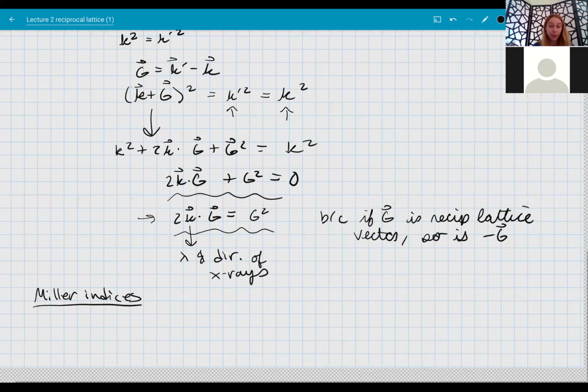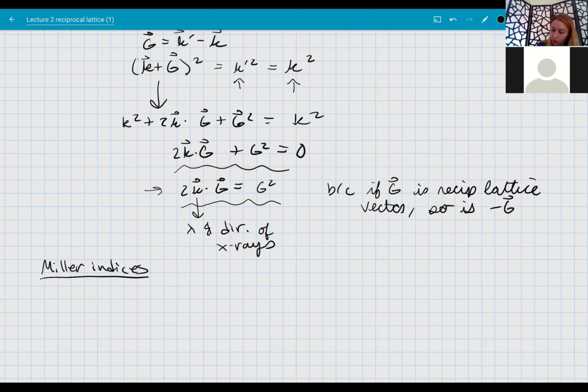Okay, the process of finding Miller indices is as follows. Step one is you find the intercepts on the axes in terms of lattice constants A1, A2, A3.